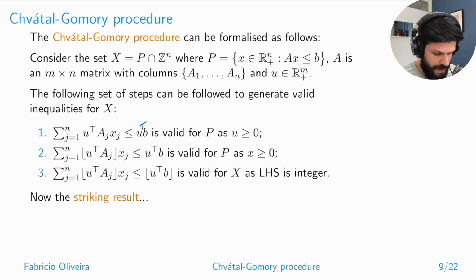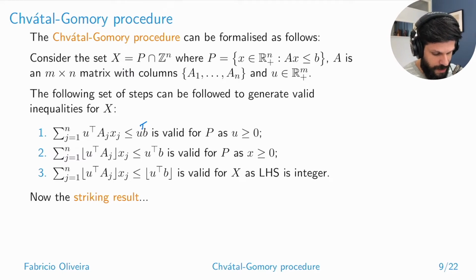Now, you can think about this the other way around. If you think of the u's as your multipliers, and because they have this condition that they are non-negative, by rounding these down, you're still generating a valid inequality. And the argument is exactly that you're certainly going below the original π.